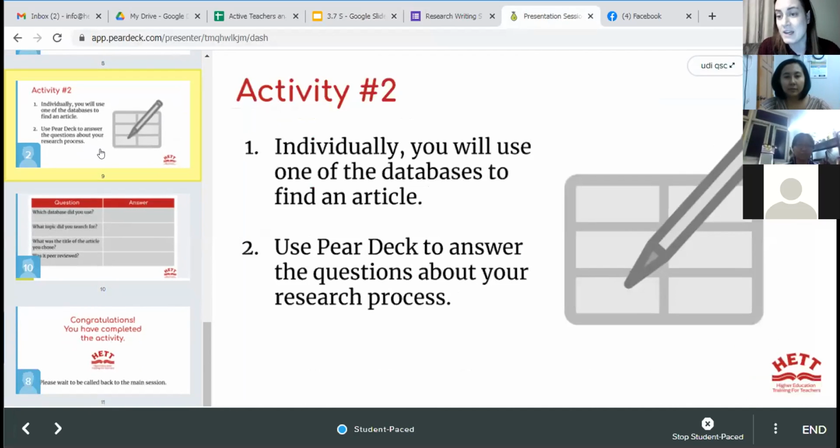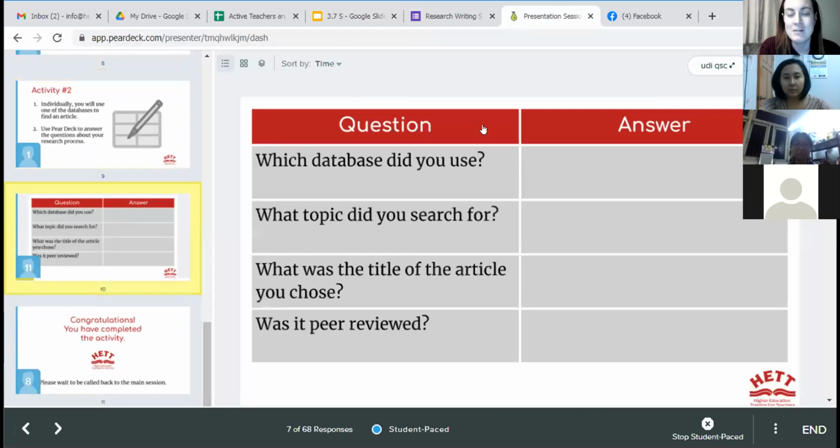Choose one of the databases, go on the website, write down which database you used, search for a topic, what topic, choose a journal article, and then write down if it was peer reviewed or not. So pretty simple. And you just have 5 minutes to do that, just to practice using the website. Maybe choose one you haven't used before.